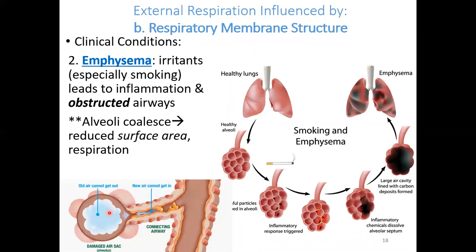Another way that we can affect the respiratory membrane structures and therefore affect external respiration is through obstruction in your airways. The video that I showed you earlier in this lesson mentioned COPD.